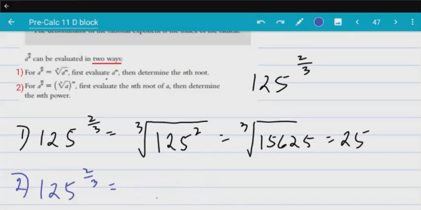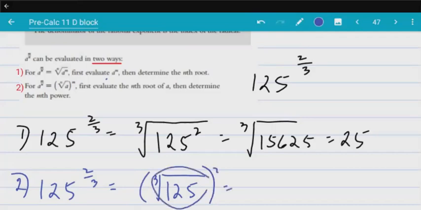So the 125, I will first get the cube root. That's what this is saying. Get the cube root first and then give it an exponent, and the exponent is 2. Now, what is the cube root of 125? That's a 5. Right? And 5 squared is 25.